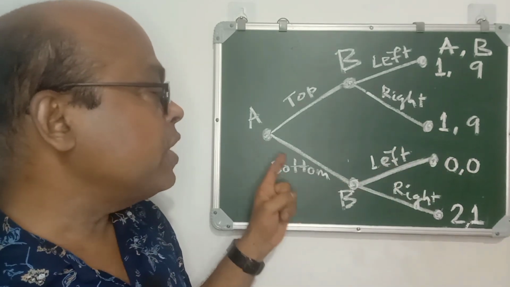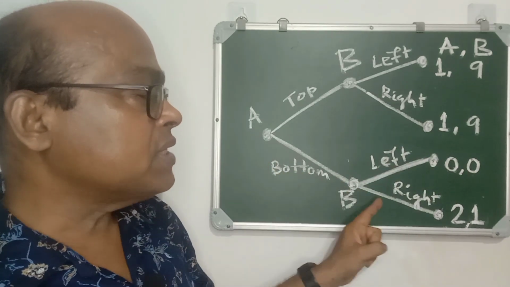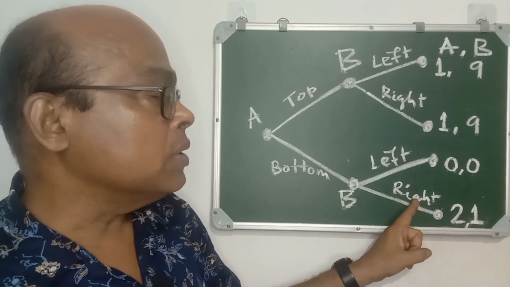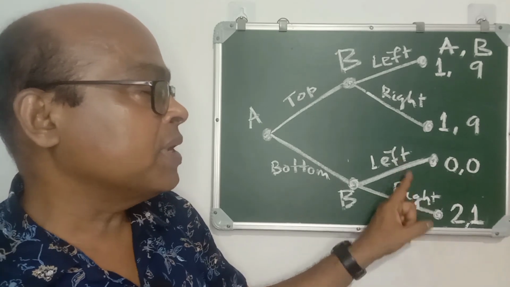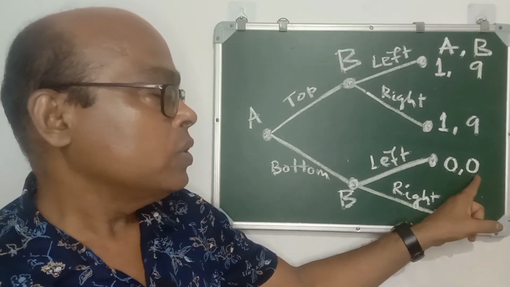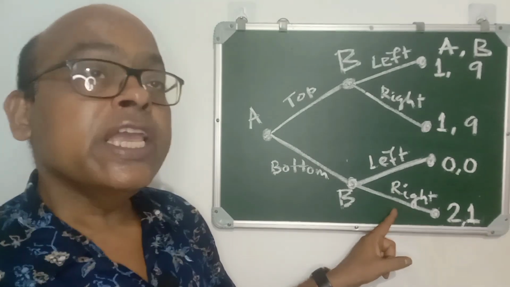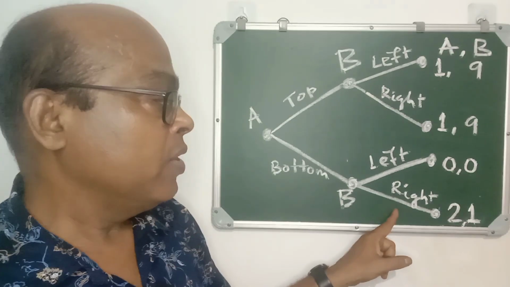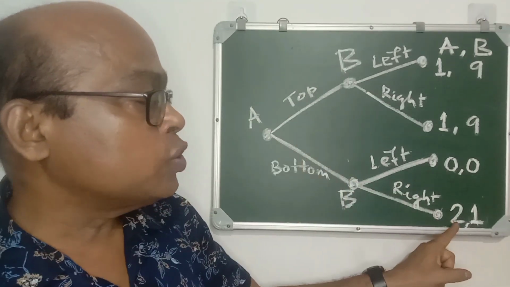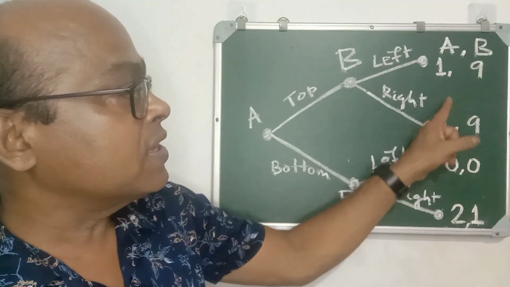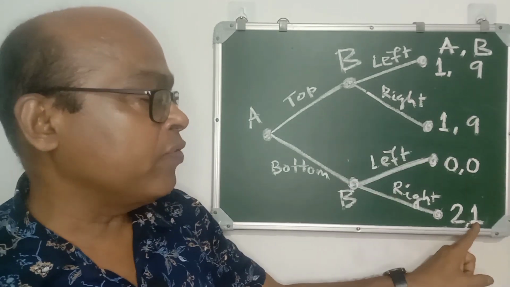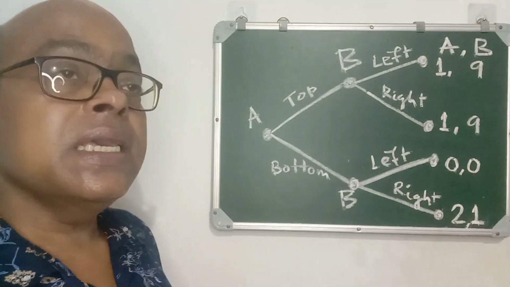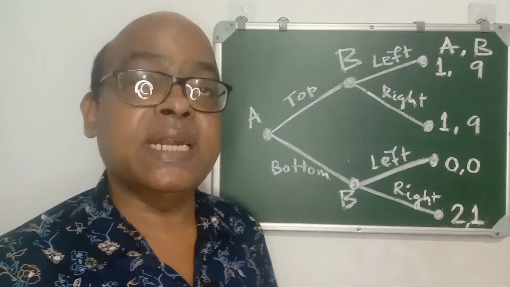But if A chooses bottom, then obviously the payoff will be 2, 1, because B will play right, not left, because in right he will get 1, then 0. So bottom right is the equilibrium strategy in this sequential game, where A will get payoff 2, which is greater than 1, and B will get payoff 1, which is greater than 0.